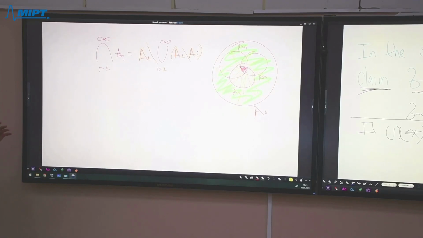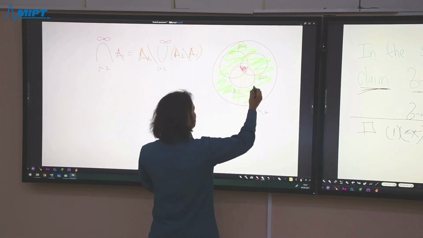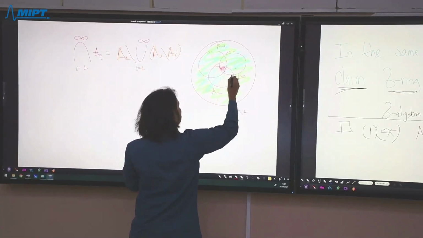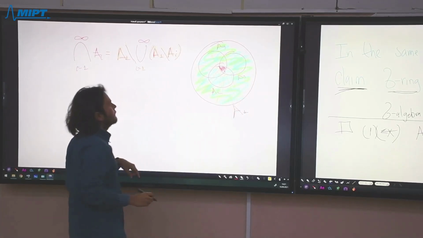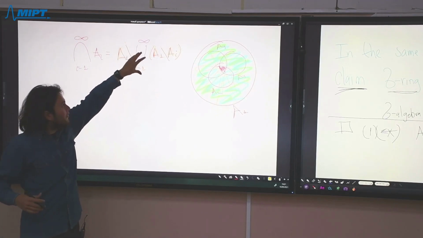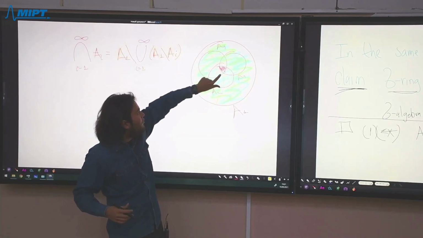Then from A1, we take out A sub 3. Then we get this. And so on. So at the end, the union of all of it gives us this yellow thing here, everything around this.